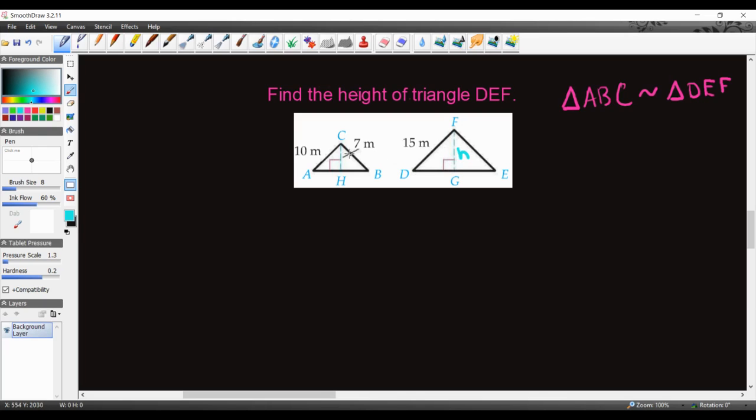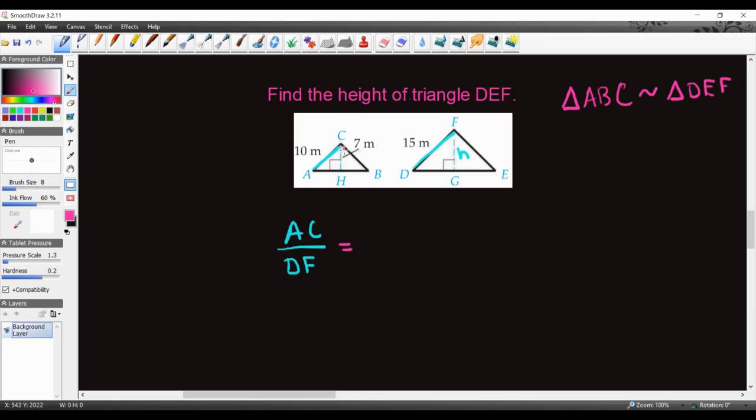If I match things up using some color coding here, I can see that AC matches with DF. It corresponds to DF. And I'm going to set that equal to the height.